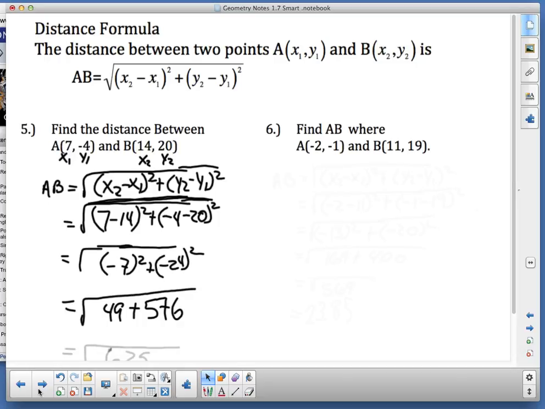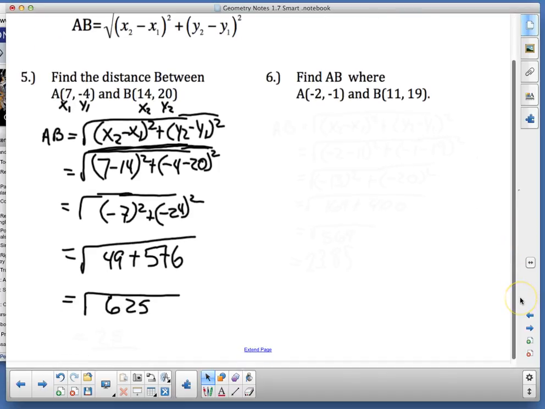So now I can just finish this off and say it's the square root of 625, which is just 25. So my length between A and B, and that's what that is, AB. People go, what's AB, Bloom? Okay, and it's not a workout. It is the distance between A and B. When two capital letters are mushed together like that, they're descriptive variables. The distance between A and B is 25.